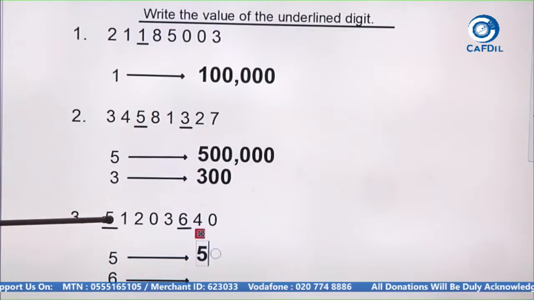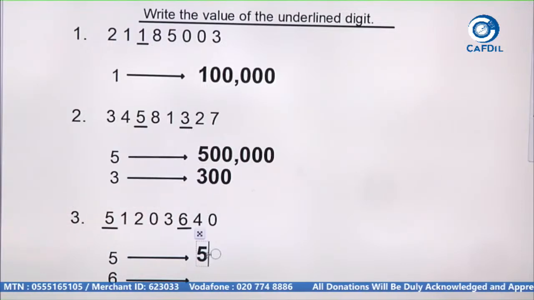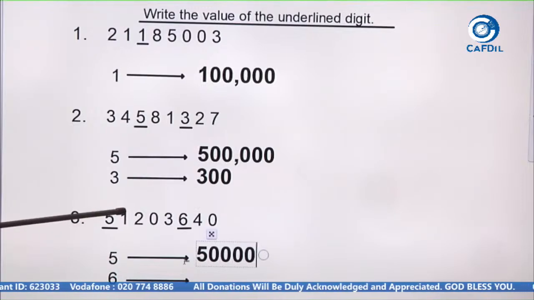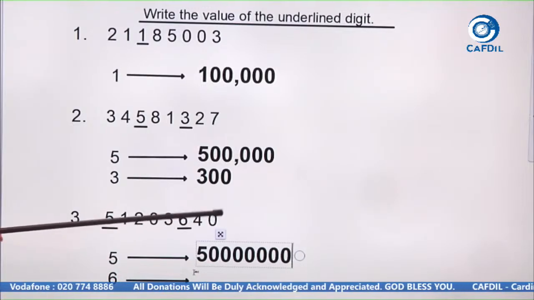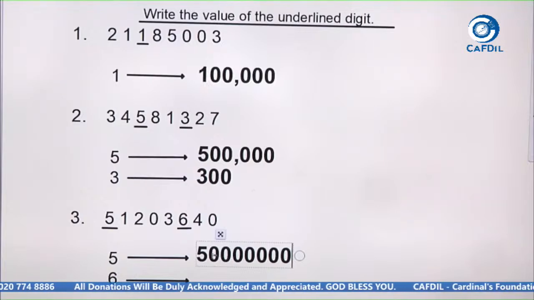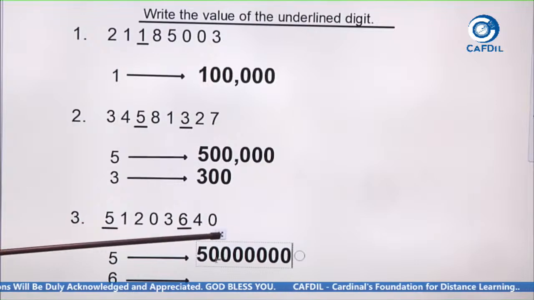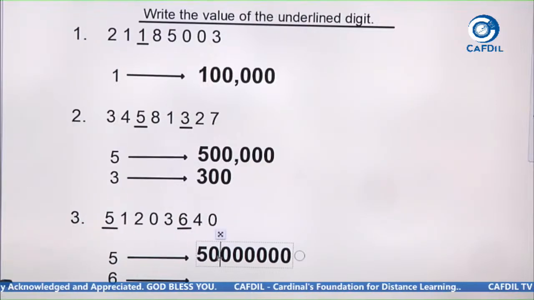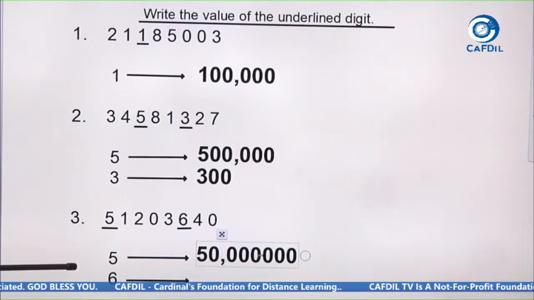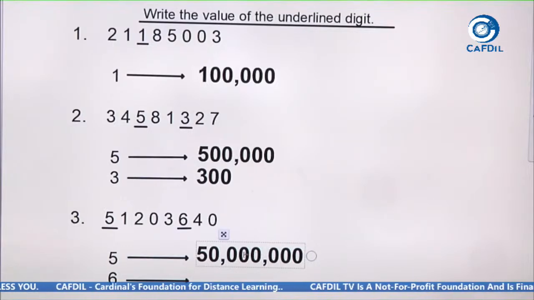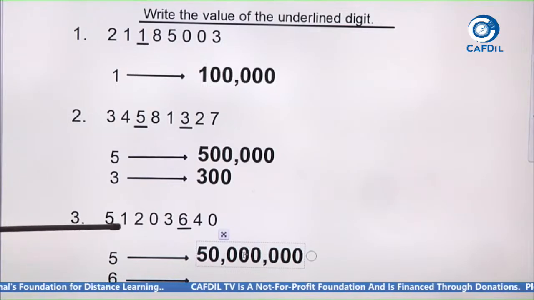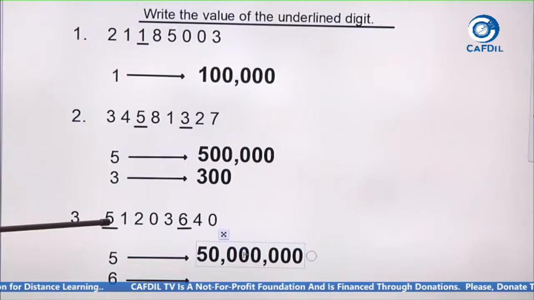So we write 5 and assume the rest of the digits to be zeros. So 1, 2, 3, 4, 5, 6, 7. So it means we're going to have 50 million. The underlined digit here is 50 million.